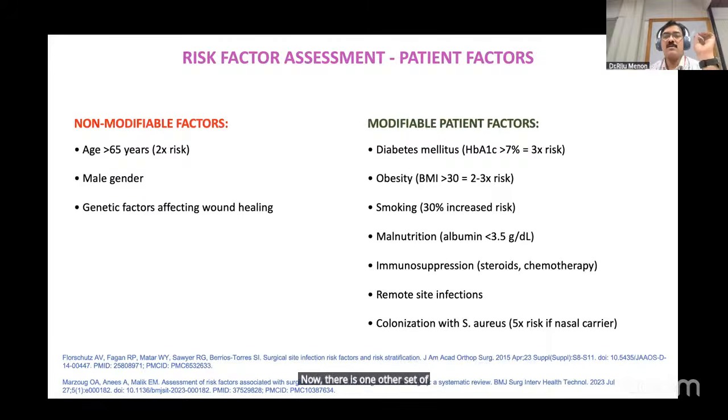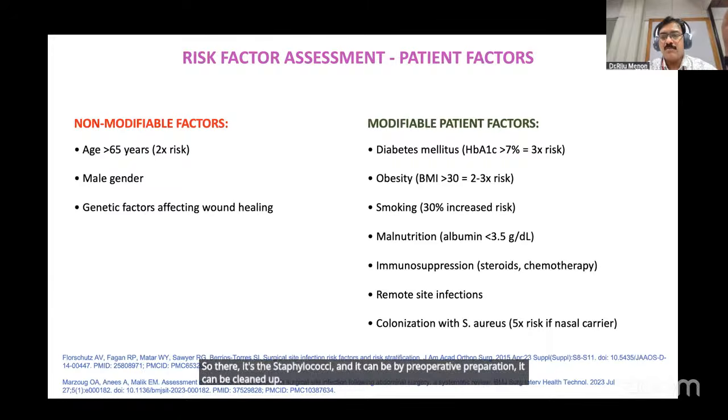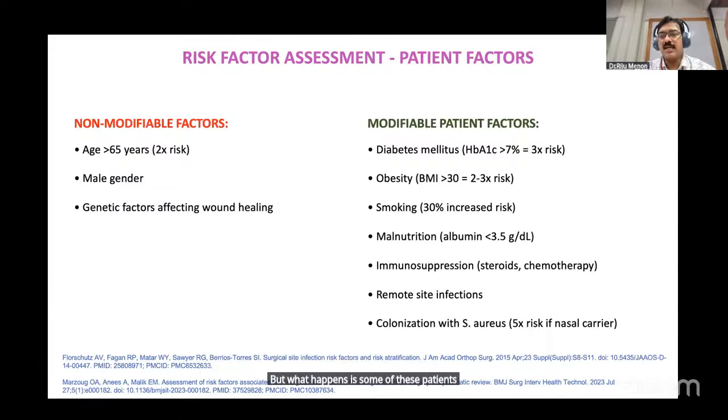Most of our wounds, the source of infection is the skin itself. There it's the staphylococci, and by preoperative preparation it can be cleaned up. But some of these patients may have MRSA, and if present, there is a 5 times increased risk of infection, especially if it is a nasal carrier.